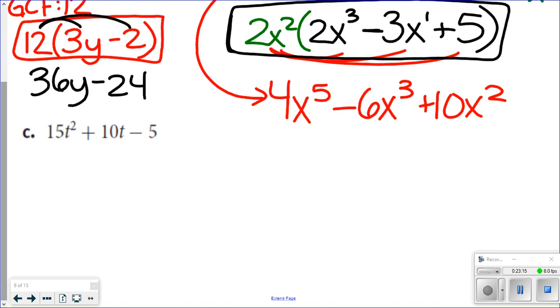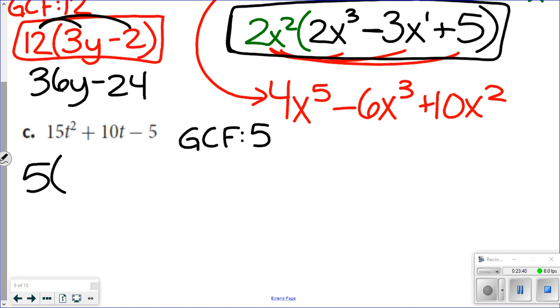I see 15, 10, and 5. 5 is the smallest of those numbers, so I'm going to start there. Is 15 divisible by 5? Yes. Is 10 divisible by 5? Yes. So my GCF here would be 5. And they do not all share a t, so I'm only taking out a 5 here, which means I need to leave my t's alone.